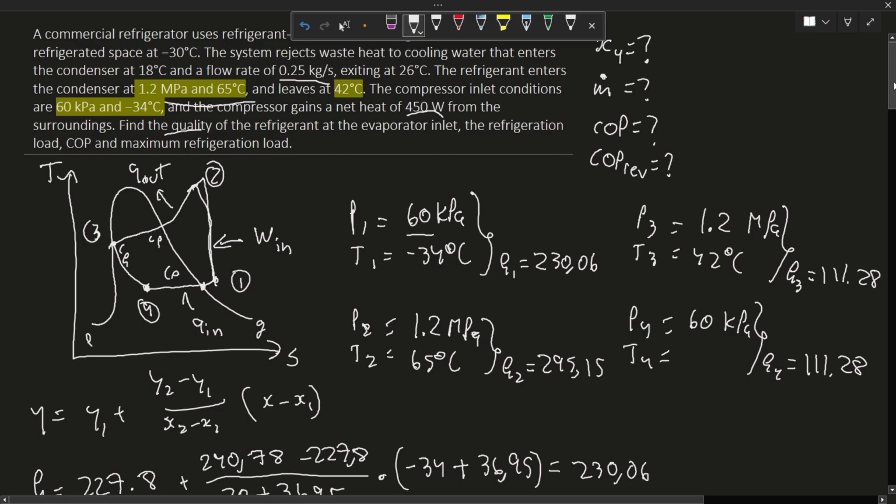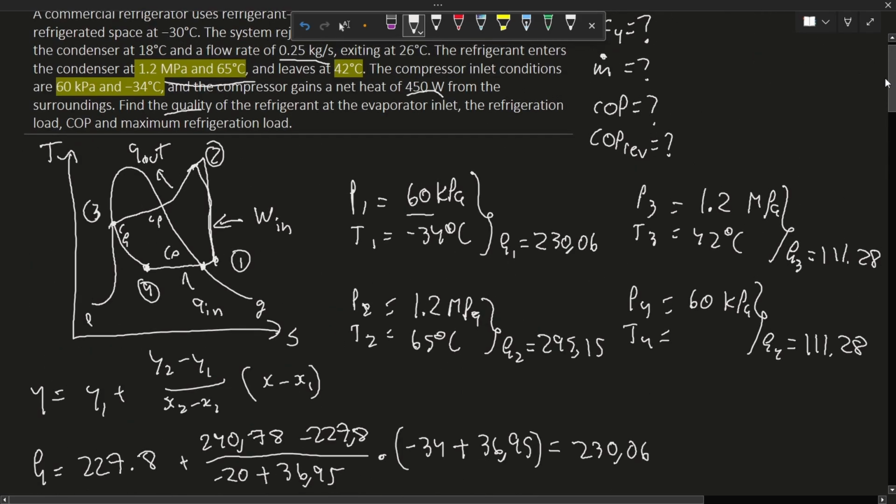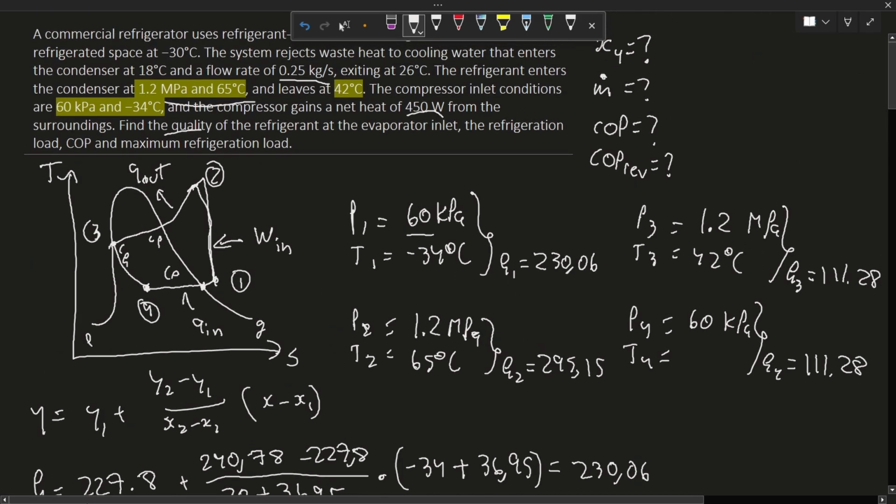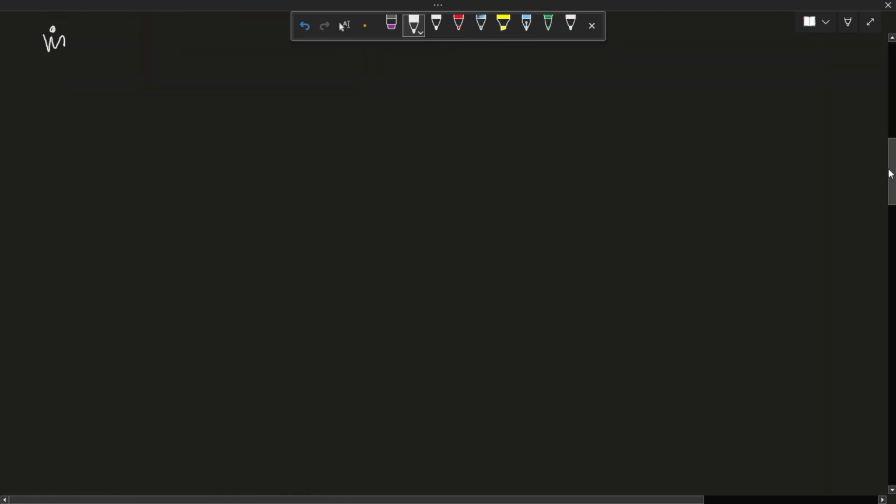Here, it's basically saying that at the condenser, there's water coming out, water that absorbs heat. And 450 is saying that the compressor receives 450 watts. But that doesn't matter. For our m dot, we have to look at the condenser. What's happening at the condenser?